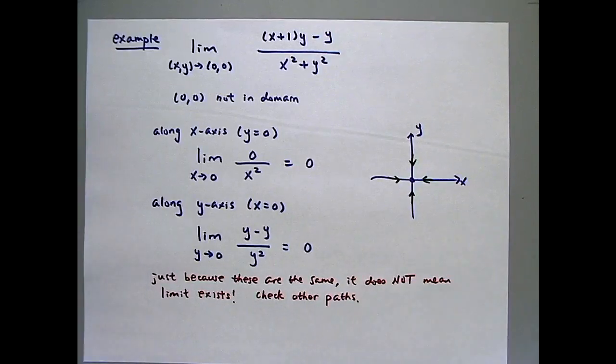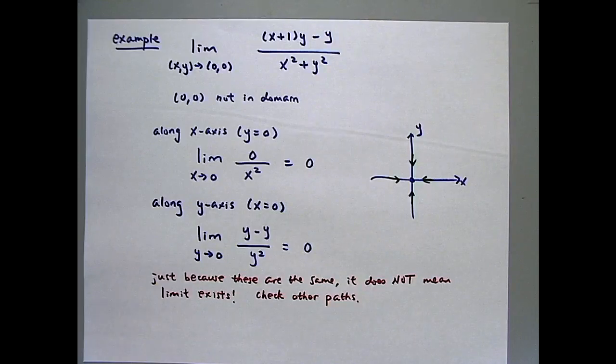We have to check a different path. In fact, we have to check infinitely many different paths. Technically, that's what we need to do. But, okay, let's try one more path and see where we end up.